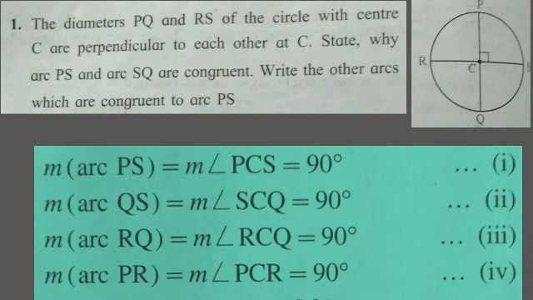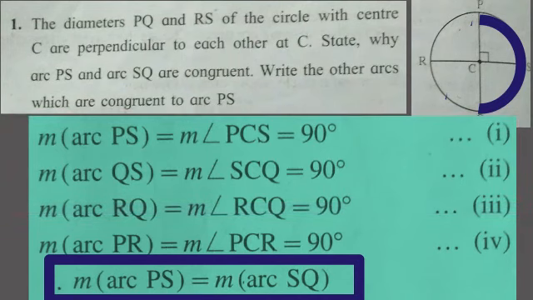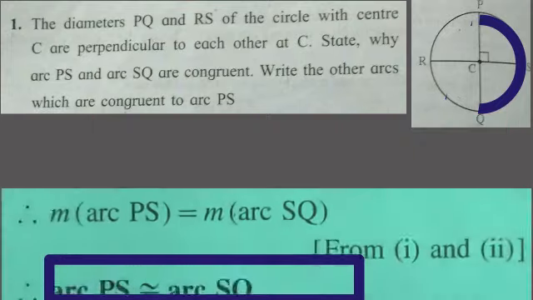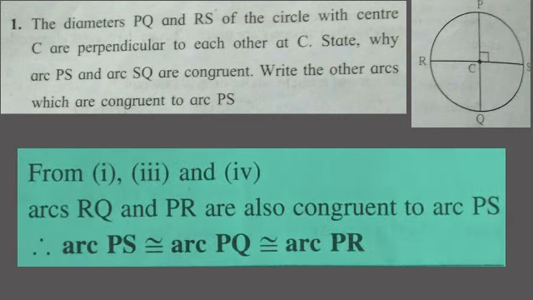So students, from the above four statements, if we look towards the first and second statements, then we can come to one conclusion, that is measurement of arc PS is equal to measurement of arc SQ from statements number 1 and 2. So therefore arc PS is congruent with arc SQ, which is asked in the question. After that, we can see statements number 1, 3 and 4, and we can come to the conclusion that all these arcs have the same measurement.